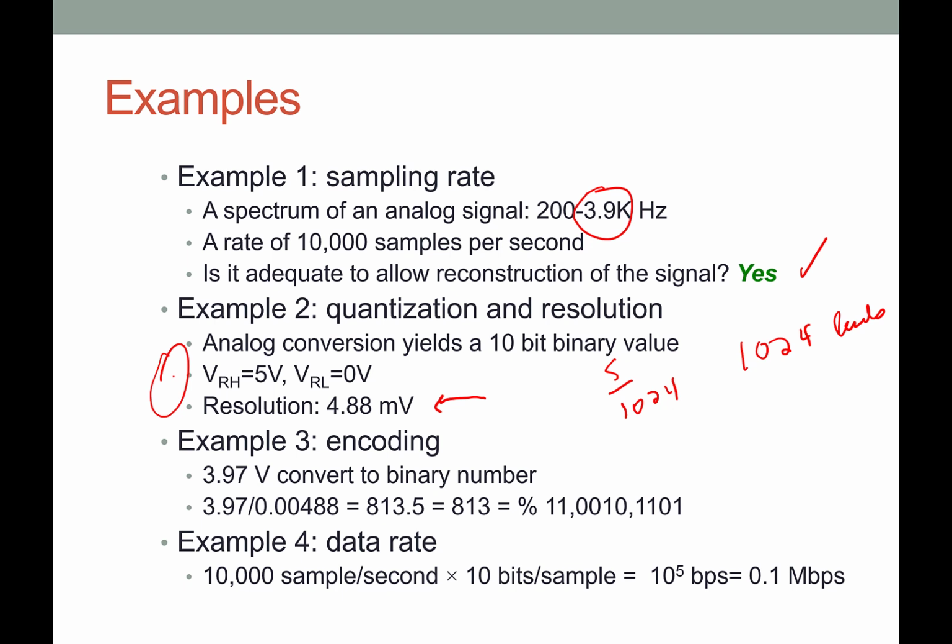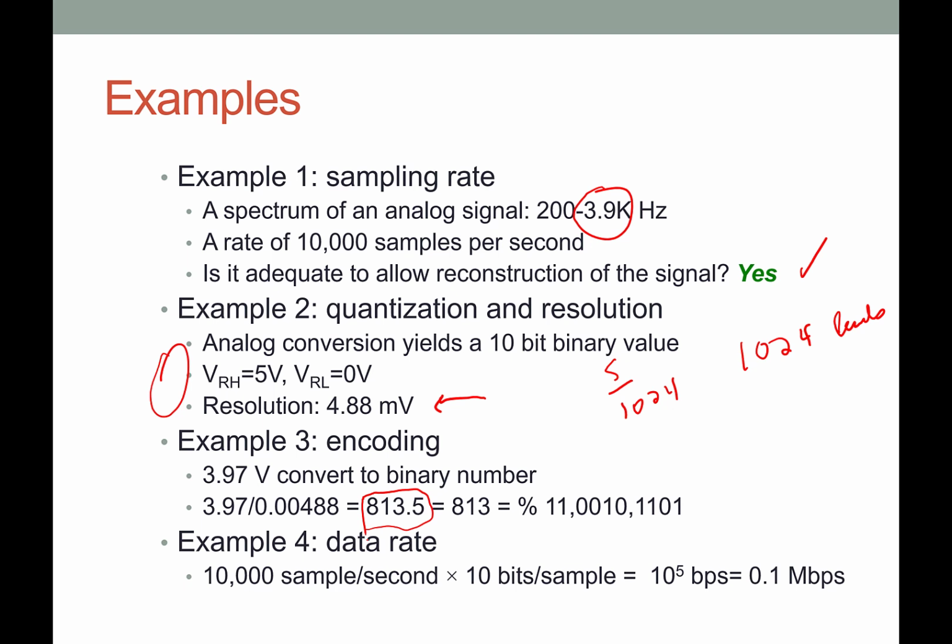If we have 3.97 volts and we convert it to a binary number, we can see that 3.97 divided by this 4.88 millivolts would give us 813.5. Okay, this is not an integer number. We know if we're going to have 1024 levels, we need an integer number of one of those 1024. So what is that going to be?